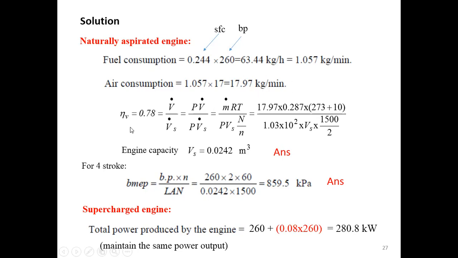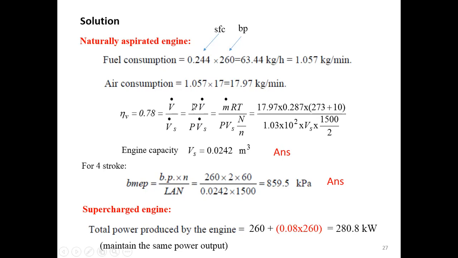And then we use the given information on the volumetric efficiency, which is 0.78. By definition, it is the actual volume flow rate divided by the swept volume flow rate. The actual volume flow rate, we are working with air. So in order to find the actual volume flow rate, we multiply by the pressure. Underneath here, also the same pressure.